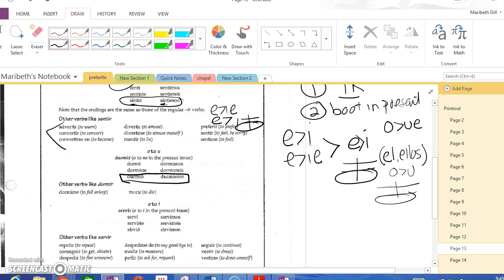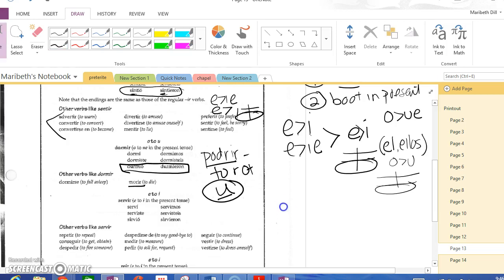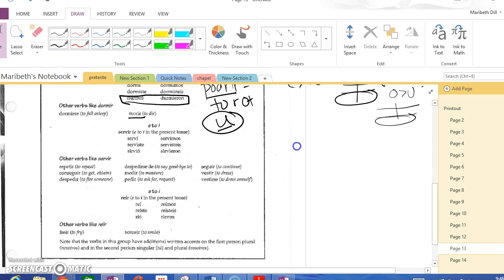And there are only 3 verbs that do that: dormir, morir, and one more I taught you last year, podrir, which means to rot. So remember, there is a U for you, the stem changer: you sleep, you die, you rot downstairs, because downstairs is where that change occurs. Kind of morbid, but if it helps you remember, that's what it's all about.